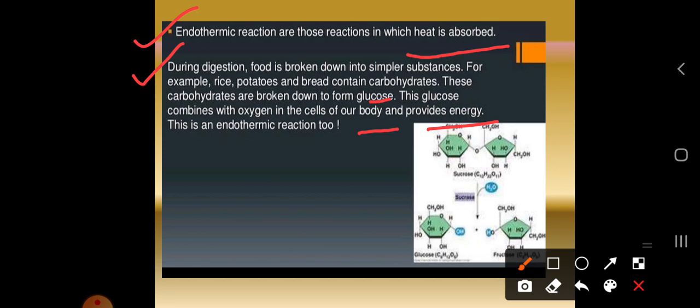This is how food is digested and how we get energy from our meals. The carbohydrates present in rice and potato are broken down into small particles, then into glucose, which combines with oxygen in the cells of our body and provides energy.